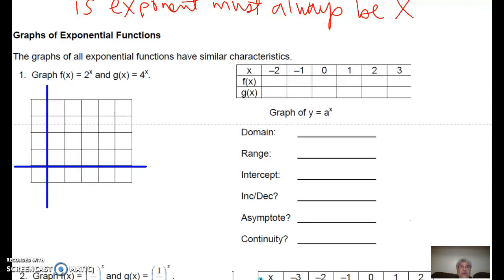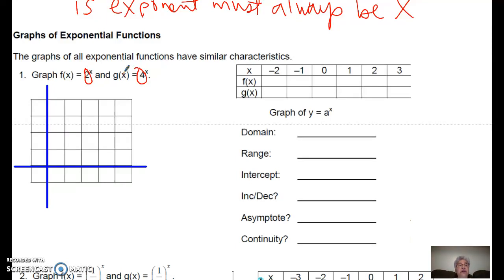Again, they're both exponential because they're raised to the x power. What differentiates them is the base a. So we've got 2 and 4. And what you'll notice when we do the graph is that the base a determines the steepness of our curve.